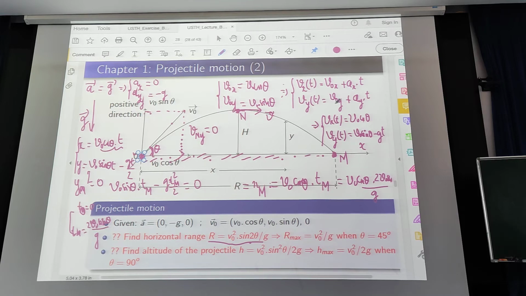And then he plugs into this formula for Vy here. So from here he gets what?